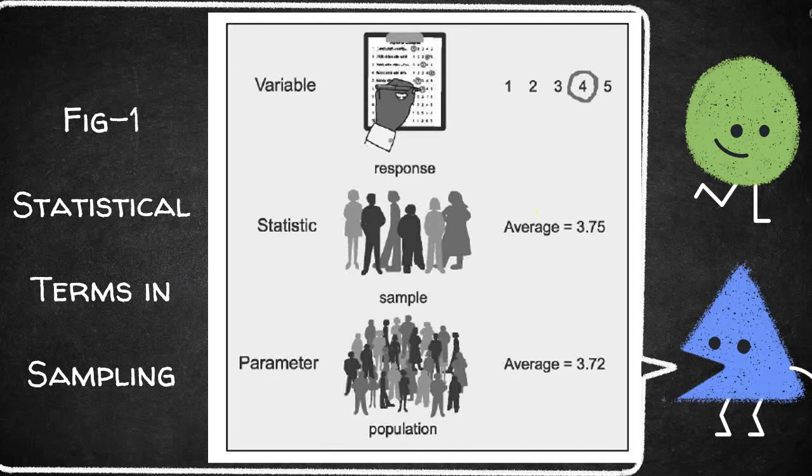And then for the same question, you try to find out the overall average from the entire sample. So whatever the size, let's say in your sample you have 400 people. For 400 such people, what is the average? You compute the average and arrive at this number, 3.75.